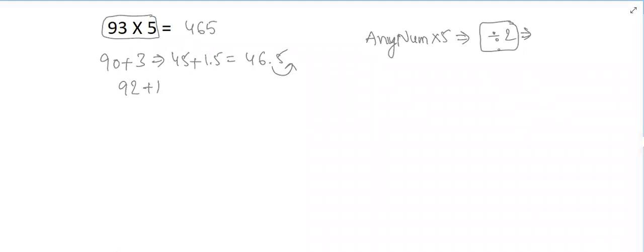What can be the remainders? No, I'm asking about the remainder.